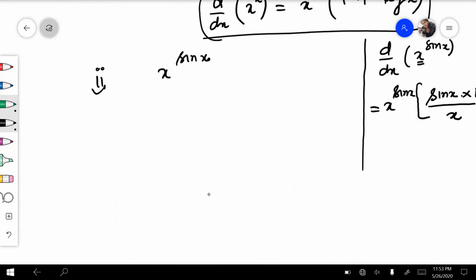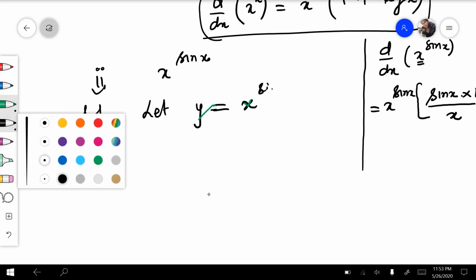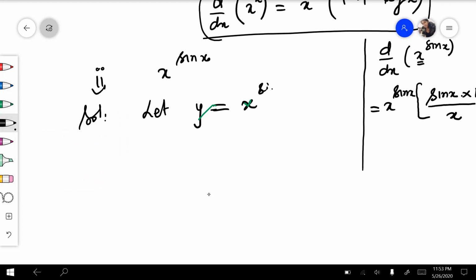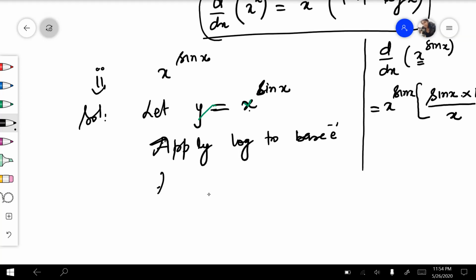चलिए सब्जेक्टिवली सॉल्व करते हैं इसको. Let y is equal to x raised to power sin of x. वेरिएबल के पावर में फंक्शन है तो अप्लाई log to base e. जिससे हमारे पास लेफ्ट हैंड साइड क्या हो जाएगी, log of y is equal to log of x raised to power sin of x.